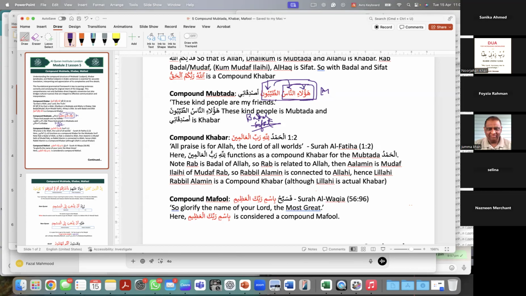Alamin is what? Mudaf ilayhi, correct? Mudaf ilayhi of Rabb, correct? Of the universe, yeah. Okay. And Mudaf ilayhi should be with kasra. But I cannot see kasra.